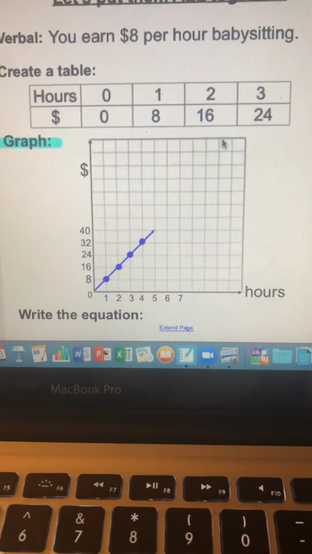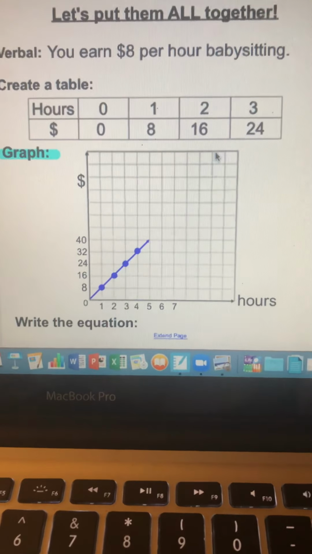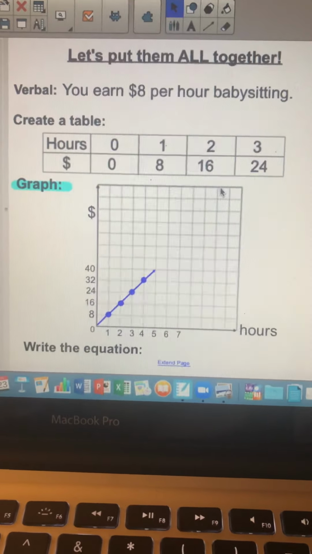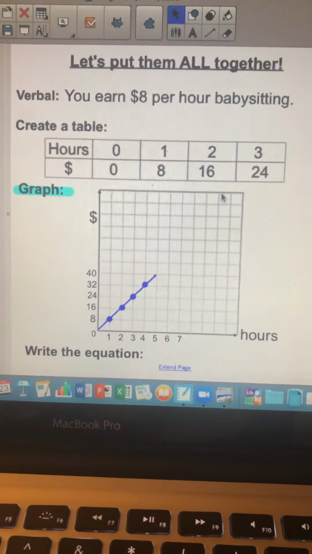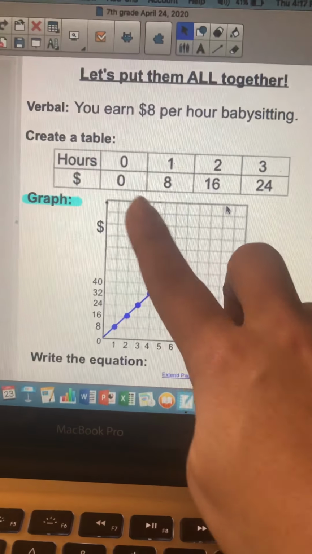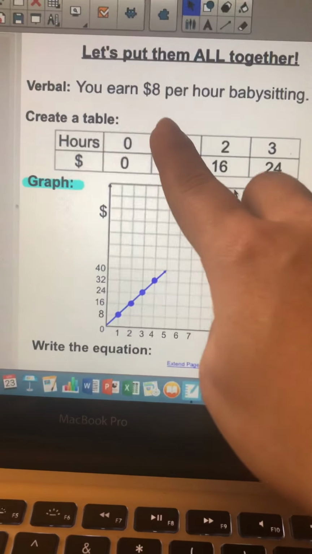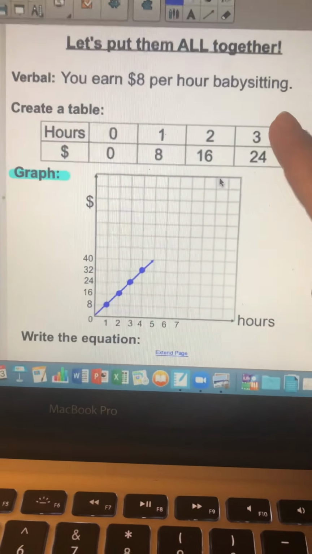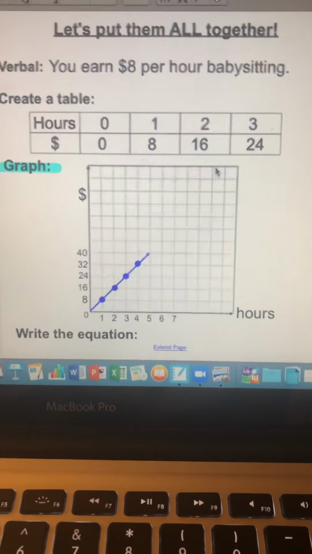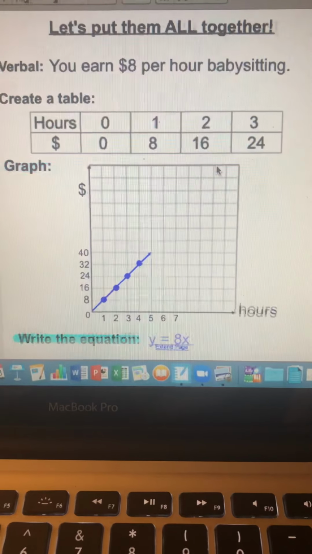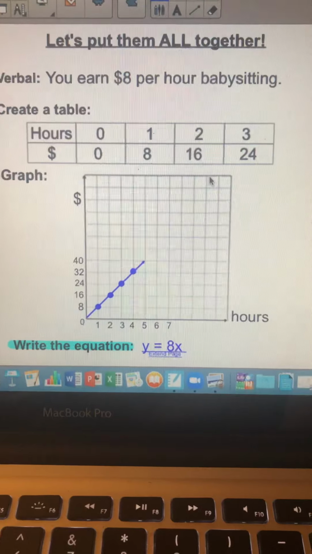And now we would have to write our equation. So we have to figure out what that constant was. And you can either use the table or the graph to figure this out. So my table was constantly changing by 8 in my y. My x was constantly changing by 1. So my rate or my constant would be 8 over 1, which would make our equation y equals 8x.